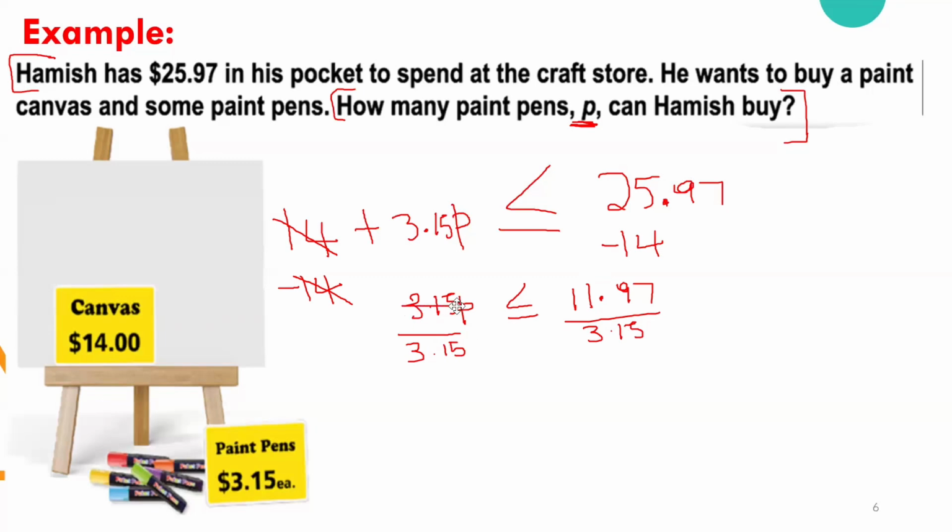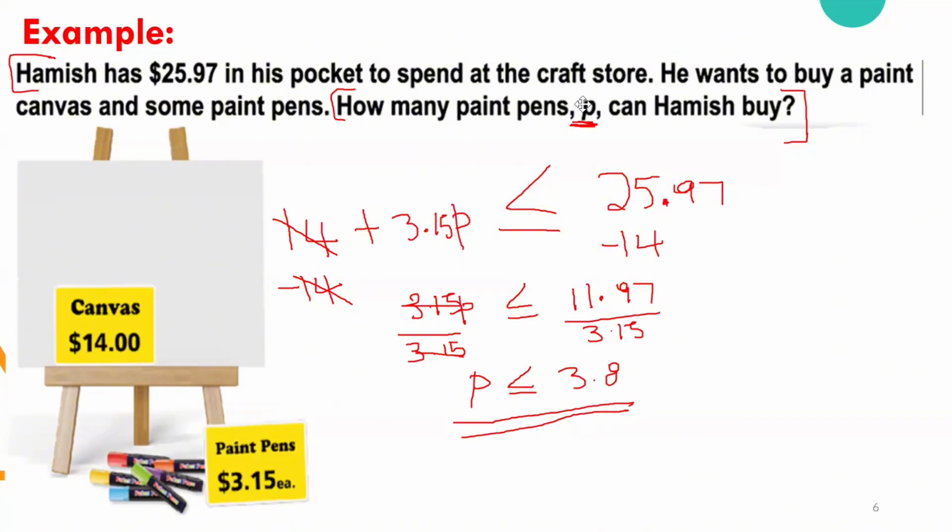So the numerator cancels what is in the denominator, and we are left with p. Write back our symbol. When we divide our numerator on the right by our denominator, we get 3.8. This is our solution. This is saying p is less than or equal to 3.8.